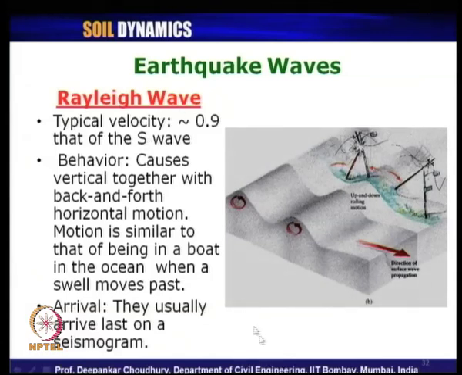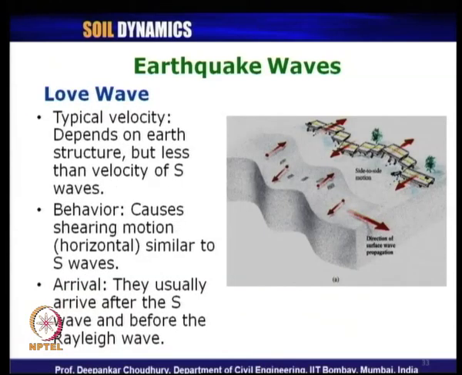And about the Love wave, its typical velocity depends on the earth structure, but obviously it is less than the velocity of the S wave. The relationship between Love wave and S wave, the equation for how to obtain the Love wave velocity, we have also seen in the previous lecture.